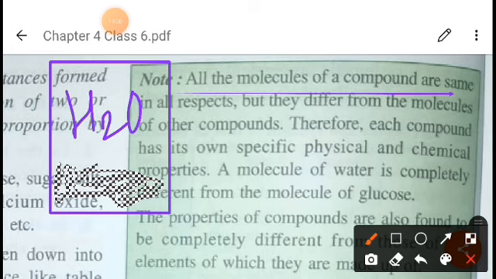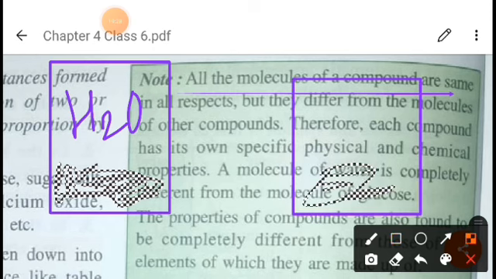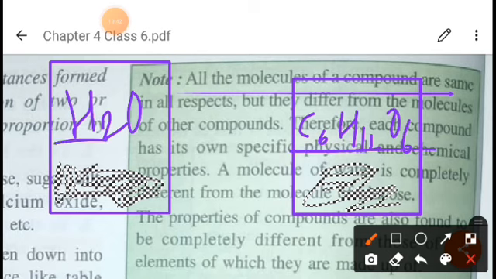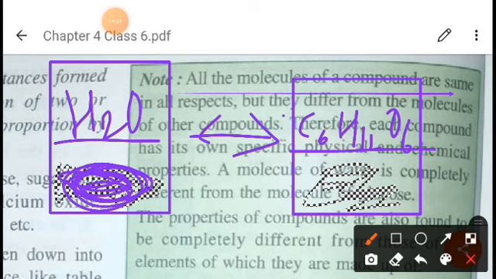But if we take something different, suppose glucose, the formula of glucose is different, so the molecule of this and this will be different. But the molecules of water here will be the same among themselves, though different from the other compound.